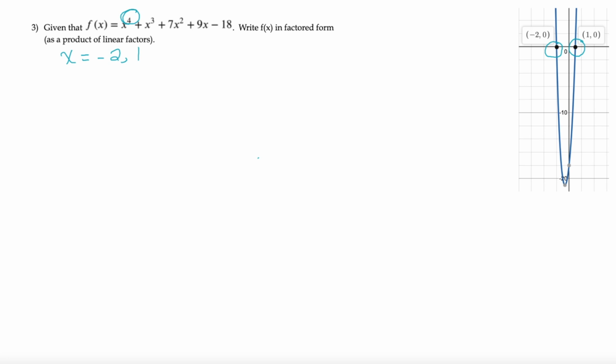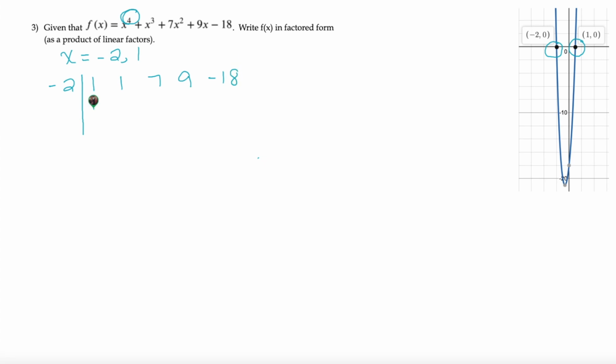So let's find a reduced polynomial, dividing out each solution. I'm starting with -2, but you certainly could start with 1 and then do -2. Either way, you're still going to end up with the same result, which is a really cool feature. Grabbing my coefficients, 1, 1, 7, 9, and -18.